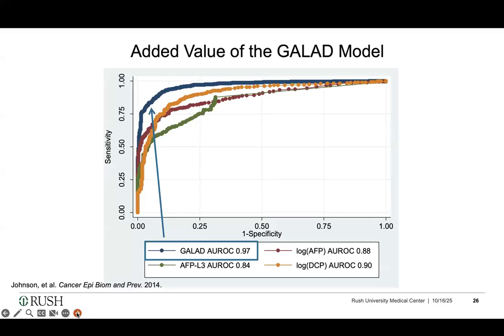And so you can see that when you look at GALAD above just AFP-L3 alone, it does improve the performance of the biomarker. And that would make sense if you know that age is going to be impactful and gender is going to be impactful. You're adding 2 additional risk factors to your biomarker.